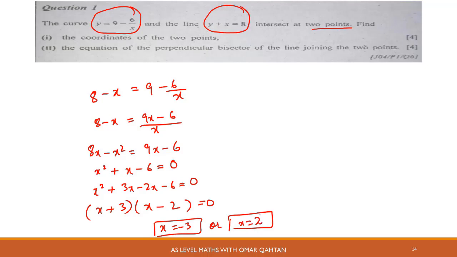Now substituting, first we should have written here how we find the value of y out of it. So y equals 8 minus x. Alright, so once we have found the values of x, now I'm going to substitute these x values in the y equation, and we find 8 minus (-3), which is 11.